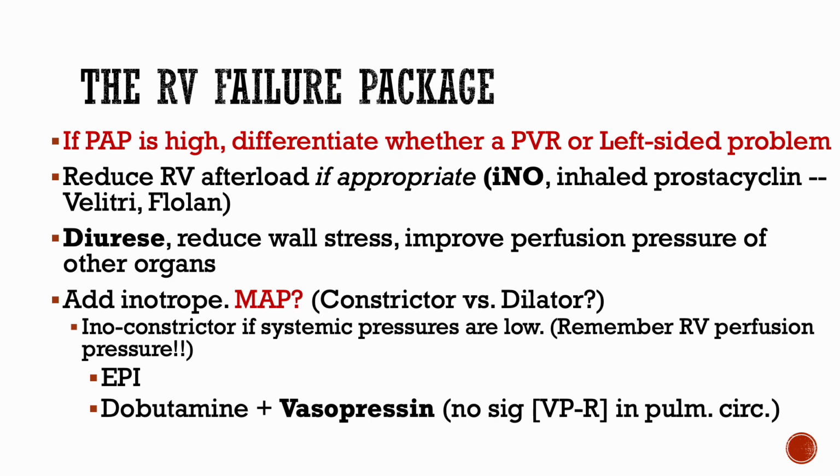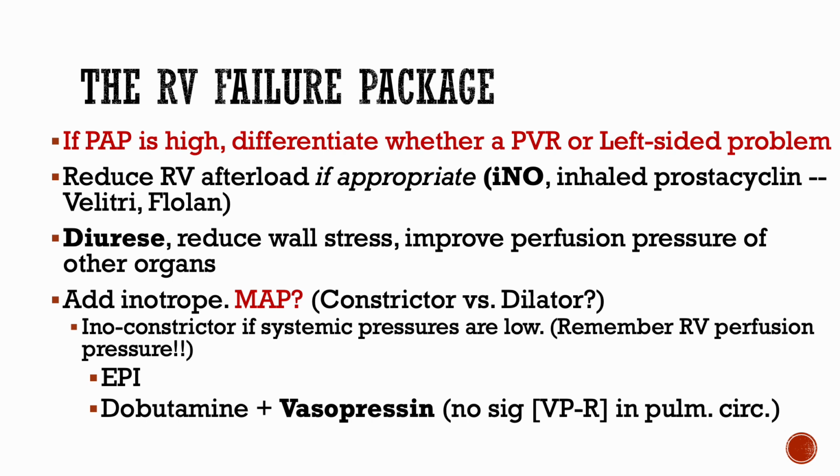That's part of the package. You want to reduce your wall stress of your right ventricle, so diurese to the degree that you can. And then you want to add an inotrope to help support RV function until the RV comes back on its own. What agent you use really depends on how your blood pressure is doing.